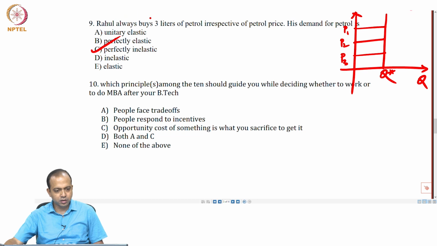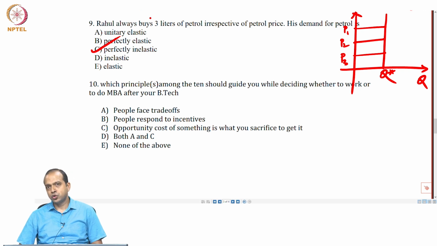Then question number 10. The question is, which principle or principles among the 10 that we have learned earlier should guide you while deciding whether to work or to do MBA after your BTech. Let us say you are doing a BTech degree, and once you complete the BTech degree, you have two options.